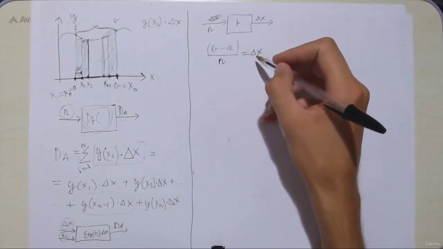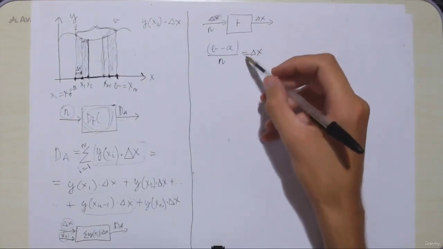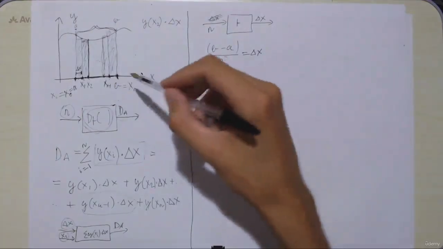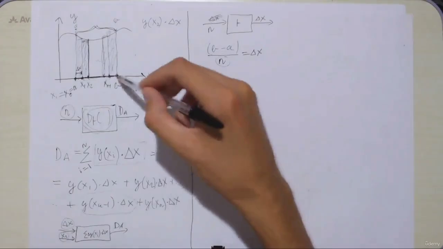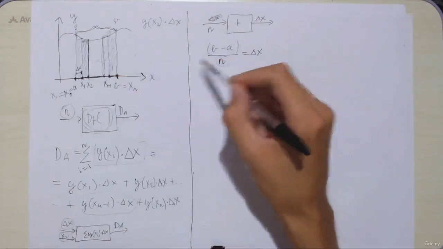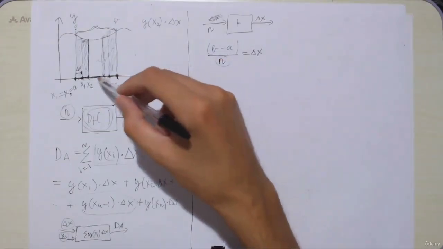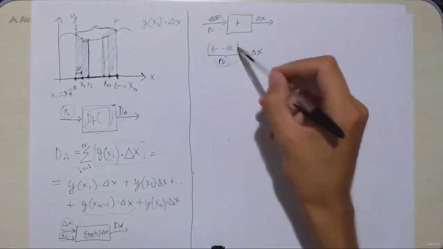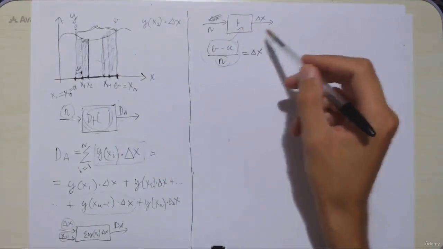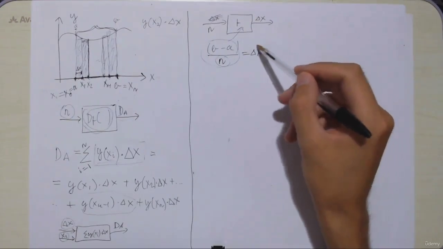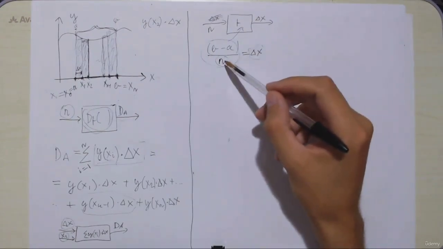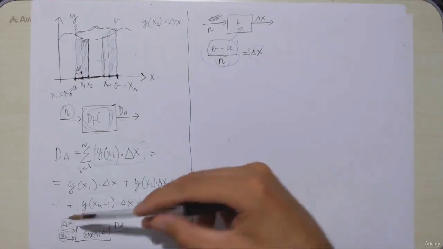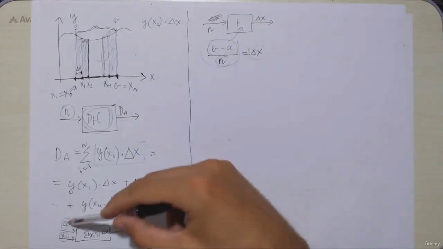And there you go. That's how you can write delta x as a function of n. Okay? So you just calculate the distance between A and B, and then you divide it by the amount of rectangles, and then you get your delta x. And now you can write your delta x as a function of n, which is what we wanted, because now we can put this expression here.